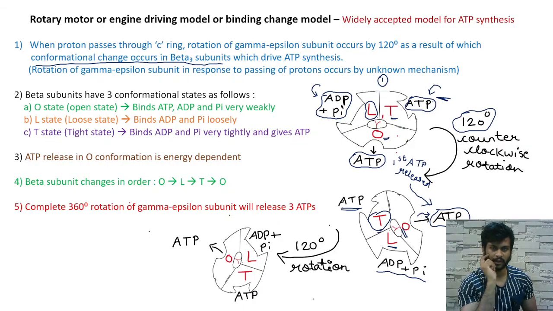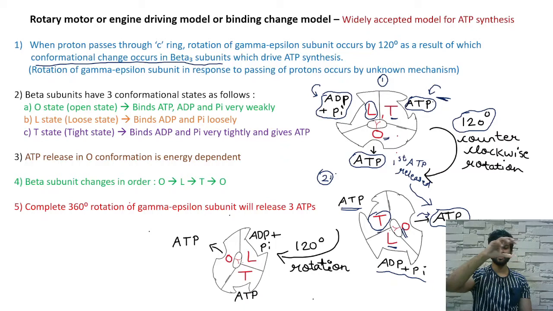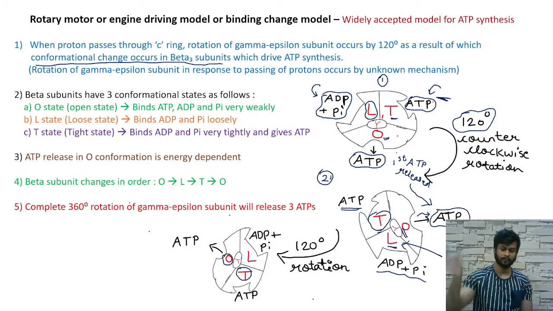Now the next 120-degree rotation. You can again imagine the second diagram rotating 120 degrees counterclockwise. So if we rotate, T will be downwards, O will be towards the left side, and this L, which is present here downwards, will go up.